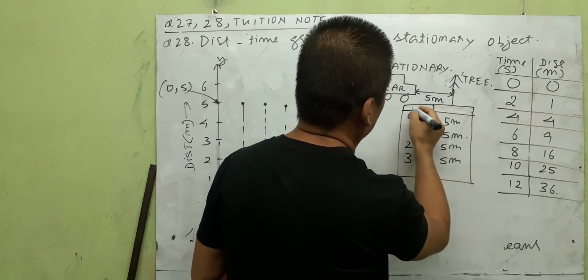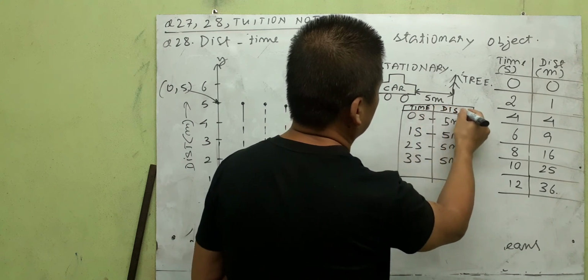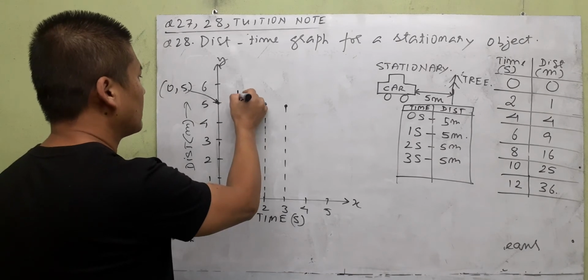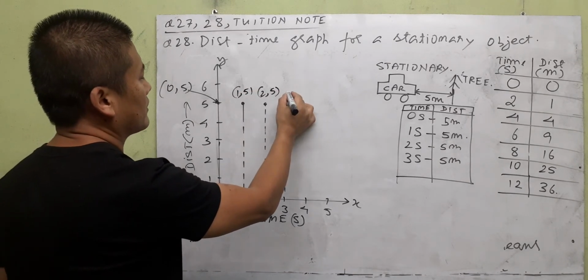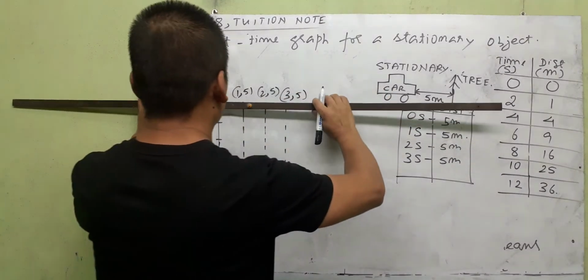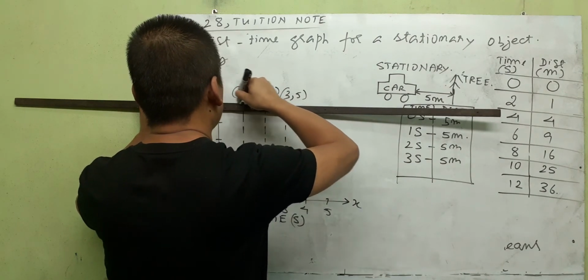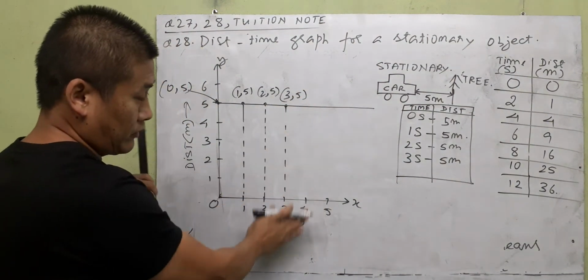Here is the time in seconds, and this is the distance in meters. We're plotting this. The second point is after 1 second, still 5 meters. After 2 seconds, still 5 meters. After 3 seconds, still 5 meters, like that. If you join these dots, the coordinates of the stationary car, it will come as a straight line parallel to the x-axis.